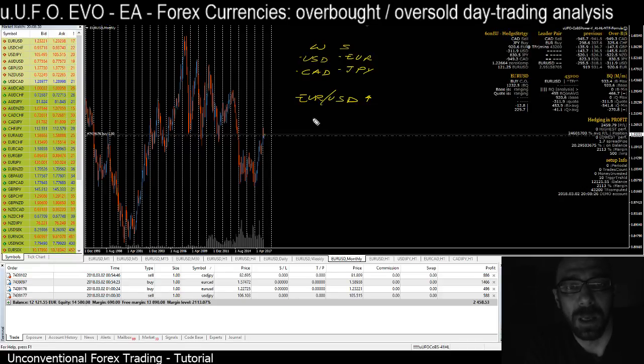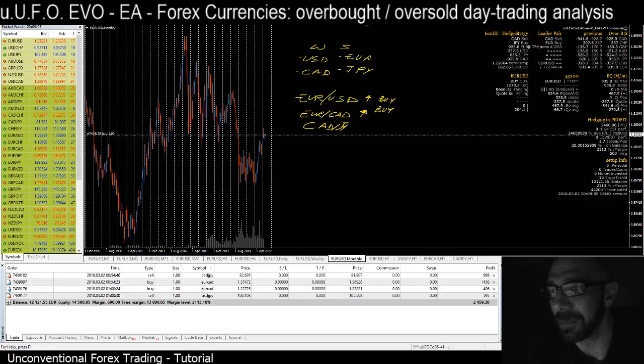Okay, and also Euro against CAD, as Euro is base and CAD is quote. Should have been in buy. On the other hand, CAD Yen, sorry, today I'm not writing very well, huh?